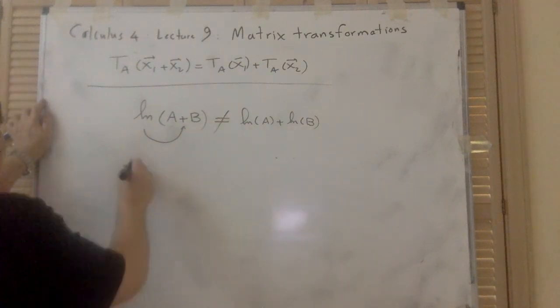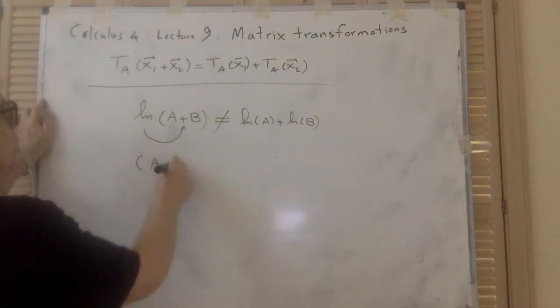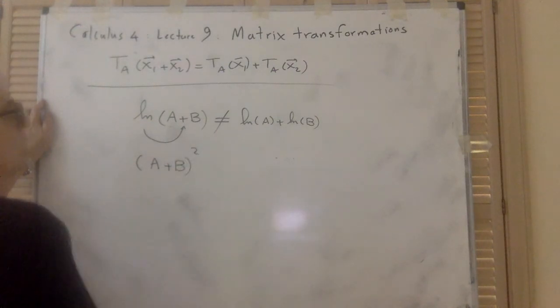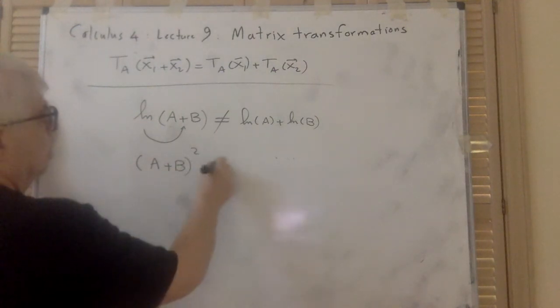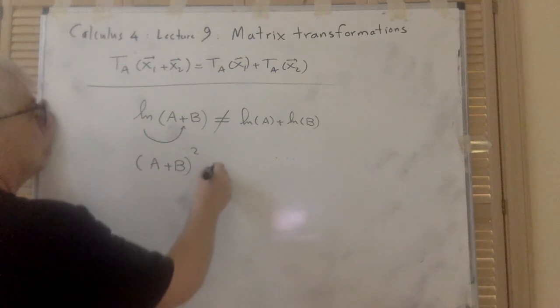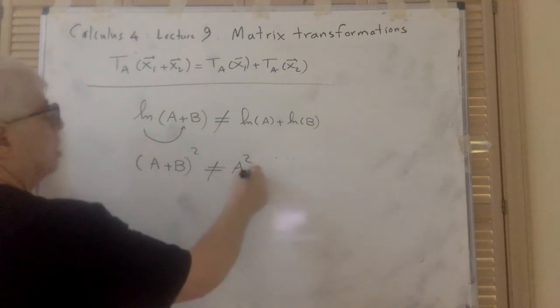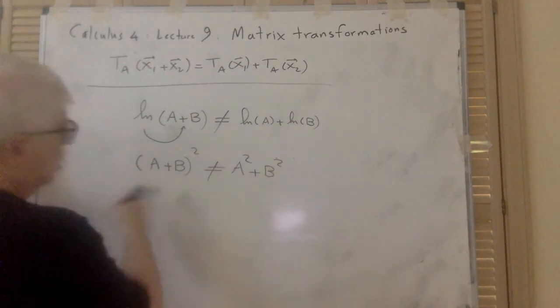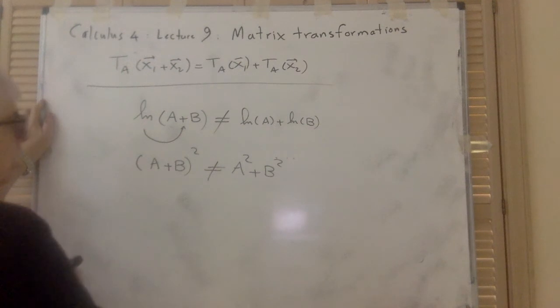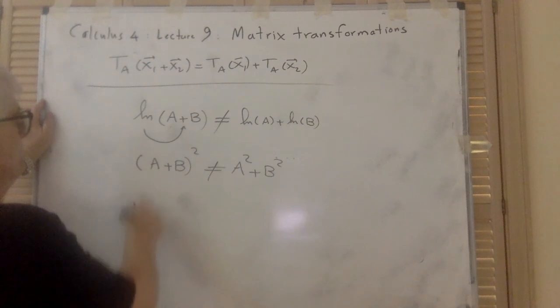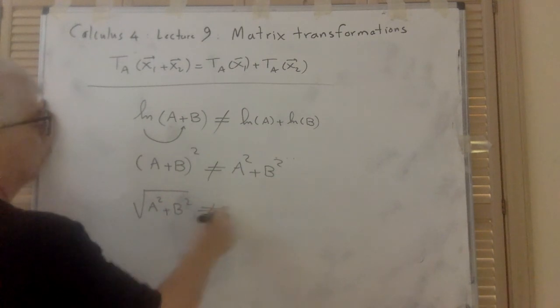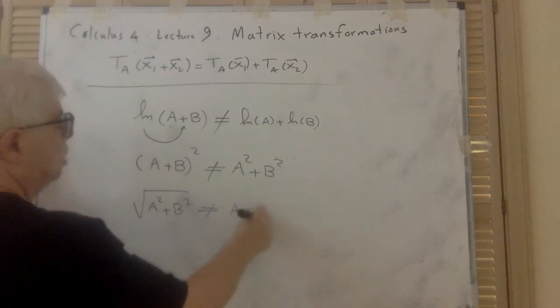Another one which I have seen students do. What is this? Well, let me write some other ones on which you might have made that mistake. So sometimes when it is squared, you write it as a squared plus b squared.